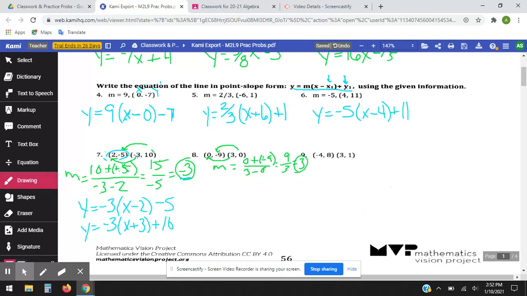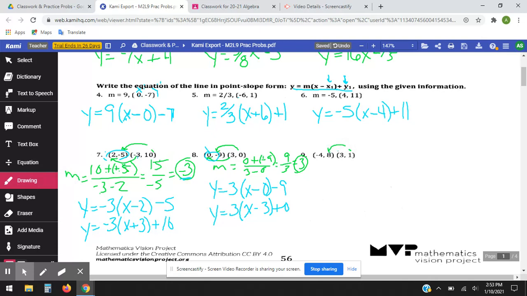So when I go to write my equation, y equals 3, parentheses, x minus 0, doing this first point, minus 9. Could also use the other one, 3 parentheses, x minus 3 plus 0, or I wouldn't even have to put that plus 0.